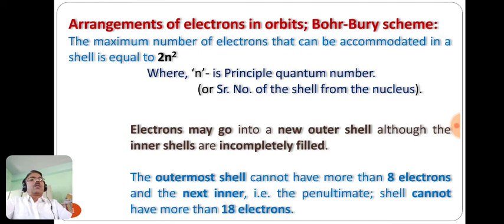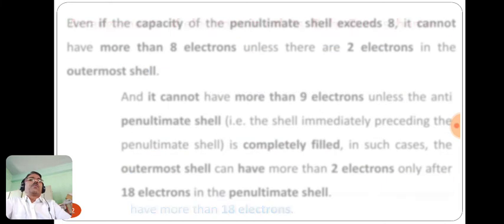So this rule states that the outermost shell cannot have more than 8 electrons, and the next inner, the penultimate shell, cannot have more than 18 electrons. Outermost shell contains a maximum of 8 electrons, and the penultimate shell contains 18 electrons. This is the third rule.